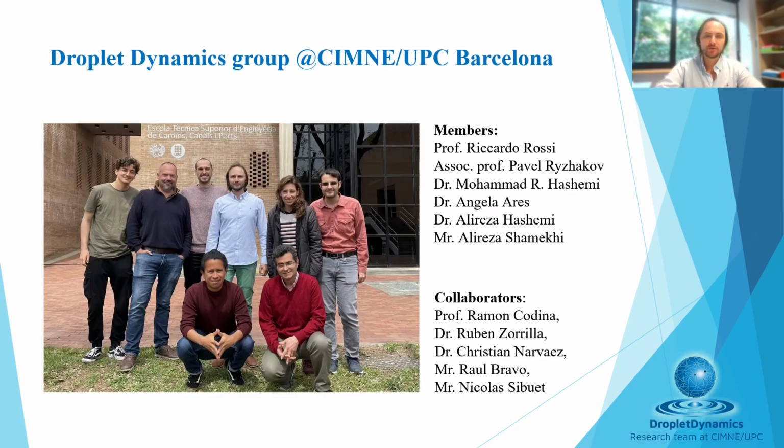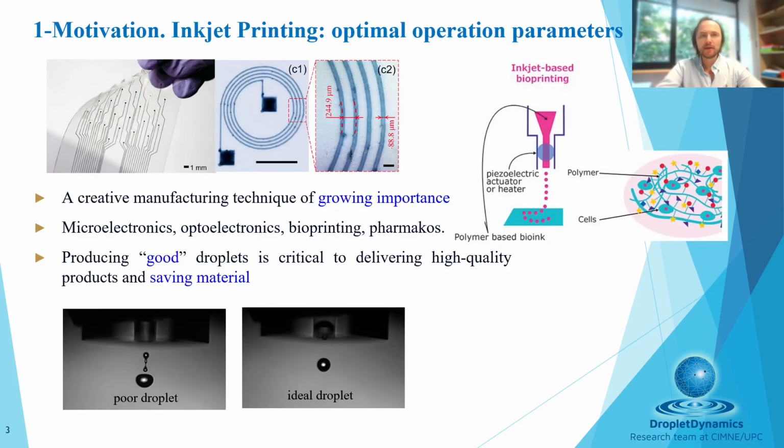So we are a research group in Barcelona, Spain, working on microfluidics. One of our main applications of interest is inkjet printing, because as you probably know, inkjet printing has gone far beyond its original application as a means of graphical or text printing, and is used as an advanced manufacturing technique whenever you would like to produce a very well-defined circuit or very well-defined thin object.